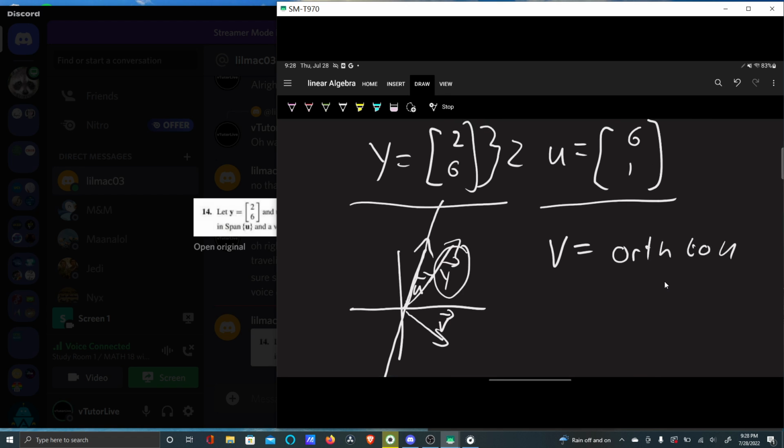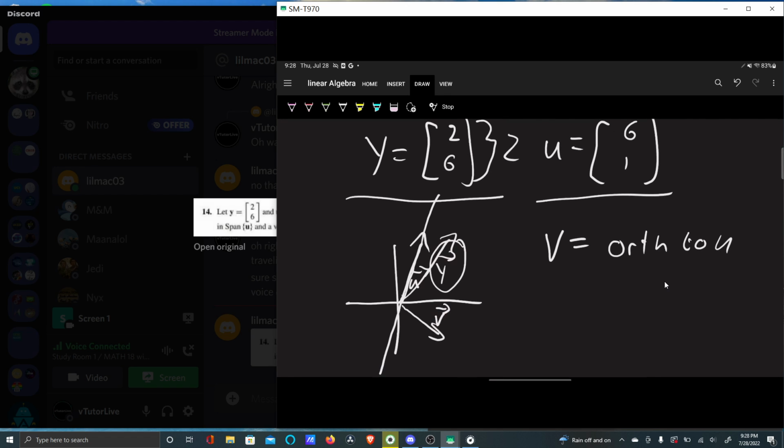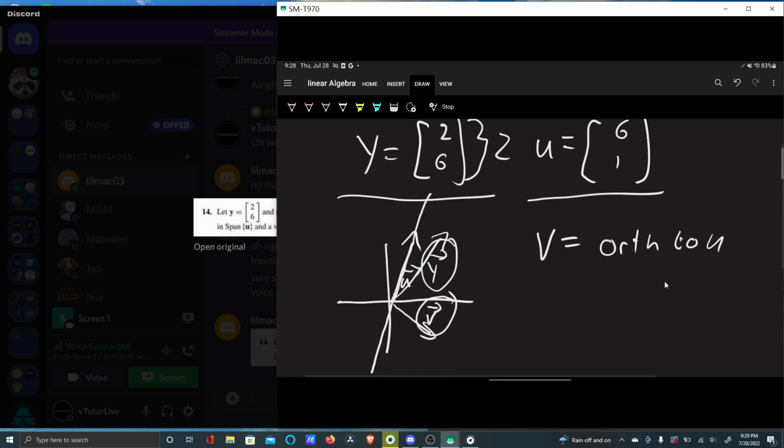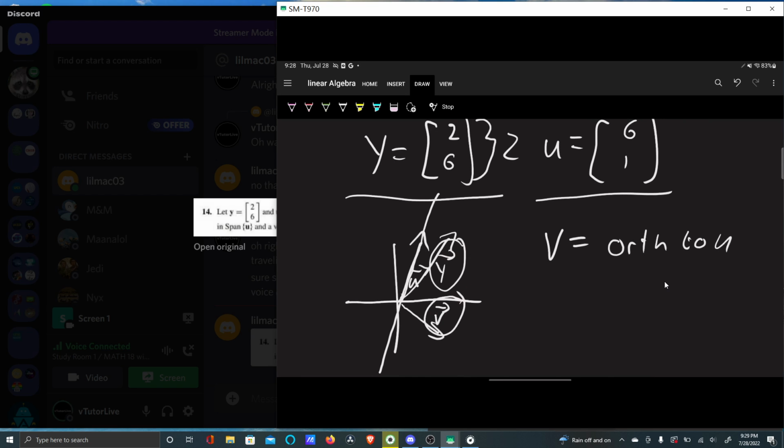So the problem really comes down to two steps. First is find v, and this is pretty simple. It's wrapped up in the language of linear algebra, but we've been doing this since middle school. How do you find a vector orthogonal in a 2D plane?